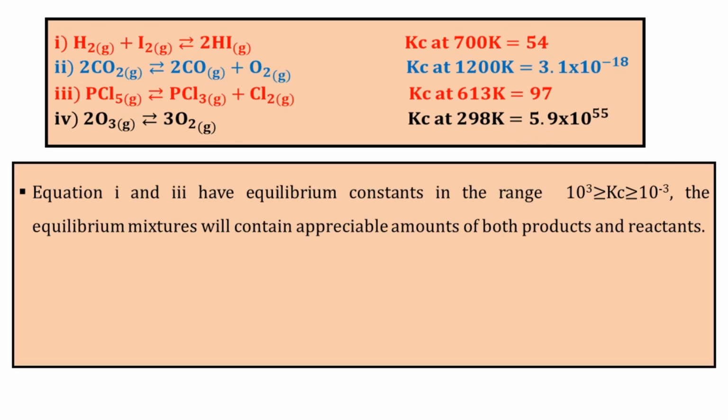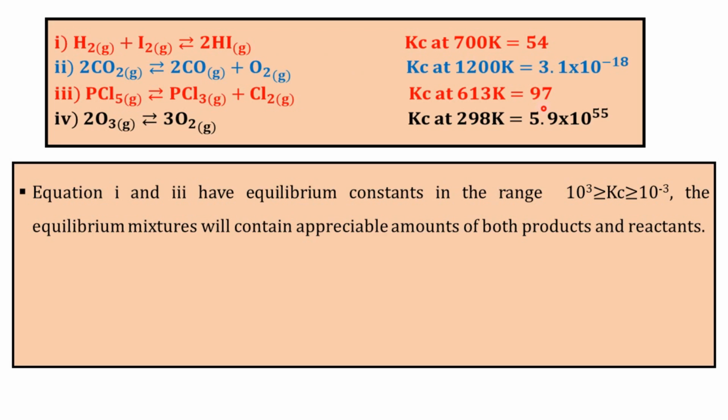So how do we rank them? If you check question 1 and question 3, question 1 has 54 and question 3 has 97.